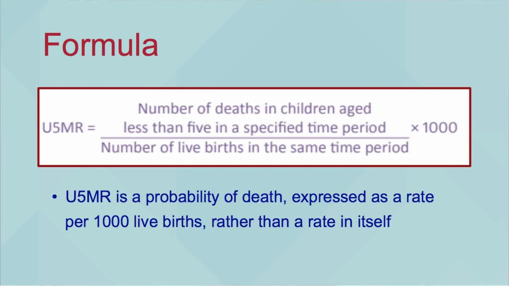Now therefore, in technical terms, the under 5 mortality rate is a probability of death expressed as a rate per 1,000 live births rather than a rate in itself. That is, the number of deaths divided by the population at risk during a given period of time.